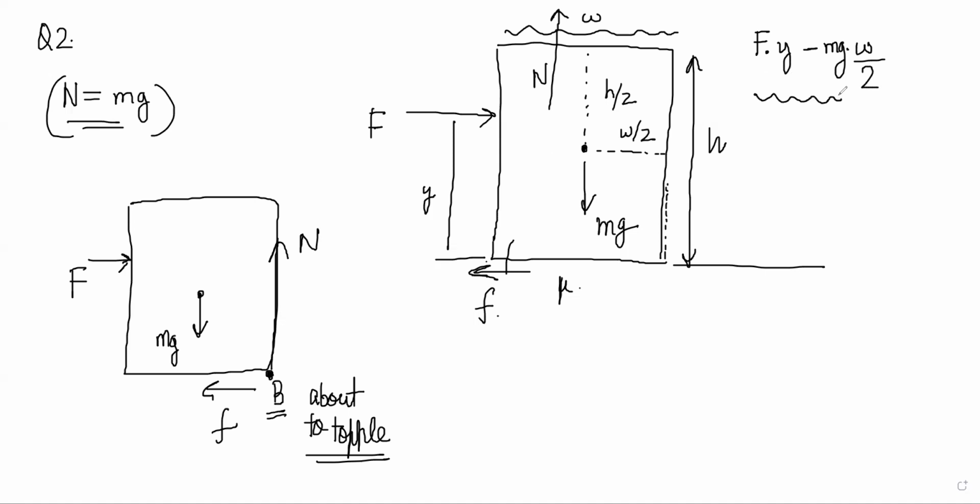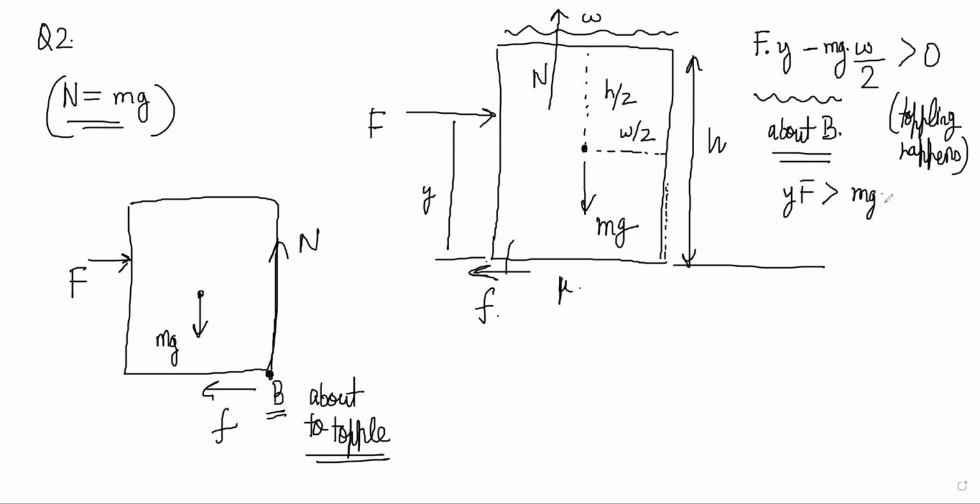F times y minus mg times W by 2. This is the torque, and if it is greater than 0, then toppling happens. Because then the torque about B is non-zero and the body has to turn. Right? So the condition for toppling comes out to be yF is greater than mgW by 2.